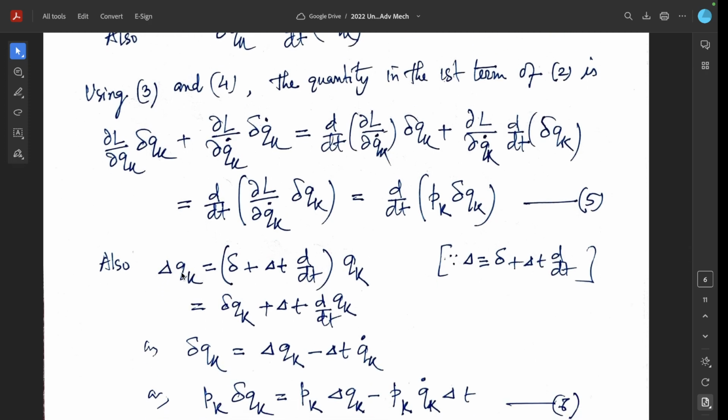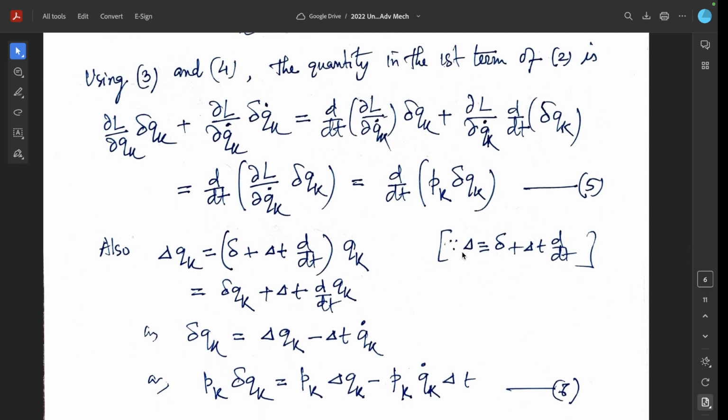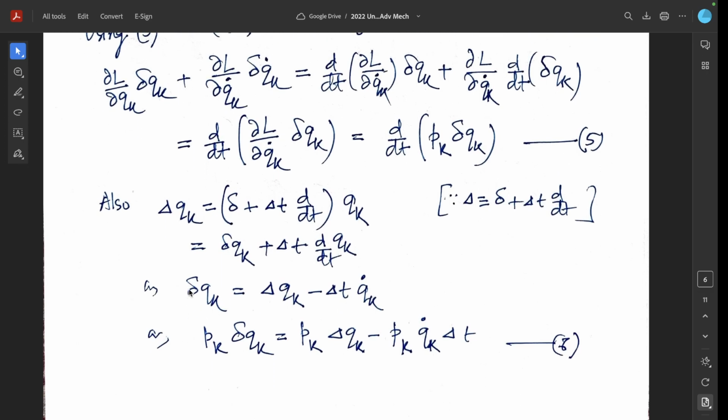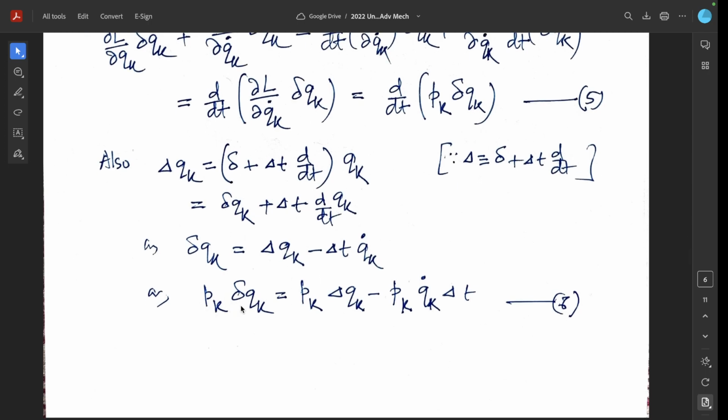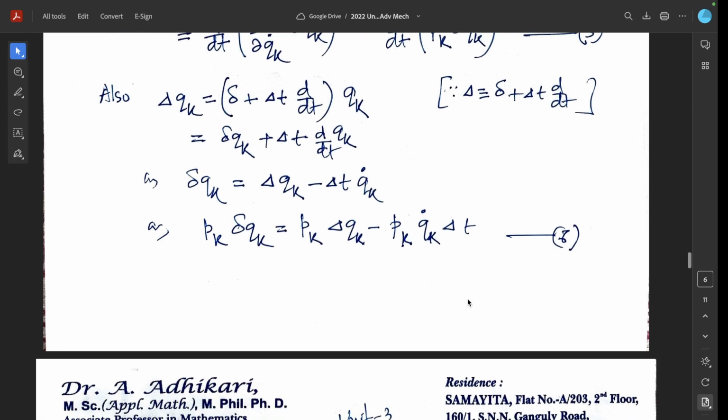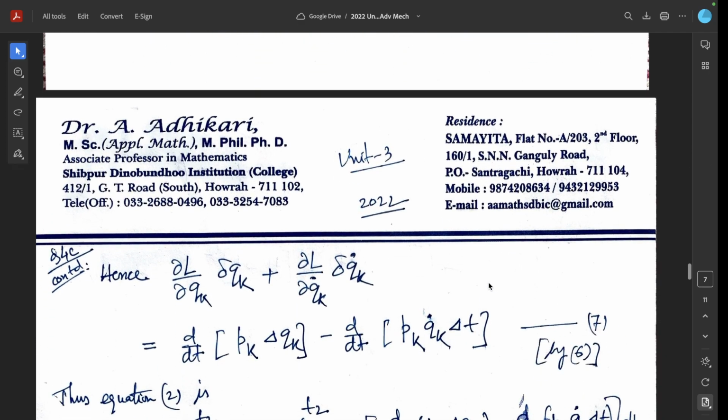Also, capital Δq_k equals small δ plus Δt d/dt, because the capital Δ operator is given by this. So Δq_k = δq_k plus Δt times q̇_k. So δq_k equals Δq_k minus Δt q̇_k. Thus p_k δq_k equals p_k Δq_k minus p_k q̇_k Δt, equation 6.